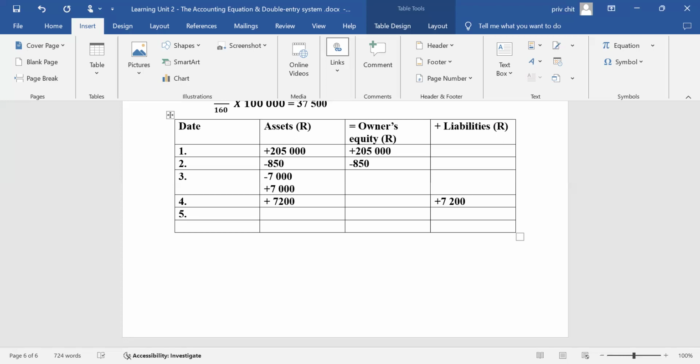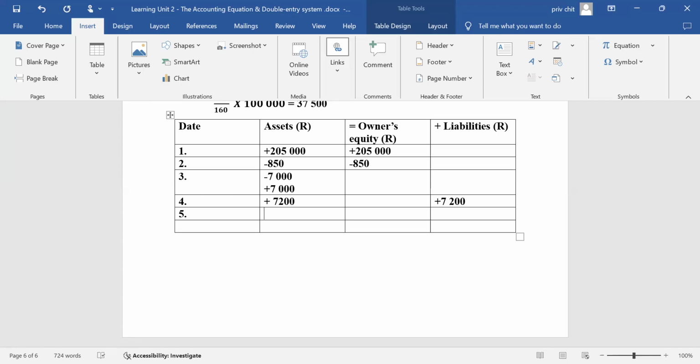The moment you hear of cash, EFT, money, what is the name of that asset that's affected? It's always bank. Does it make sense? Yes. The moment you see cash, EFT, just know the bank will be affected, all the time.